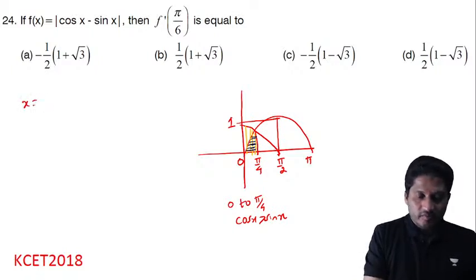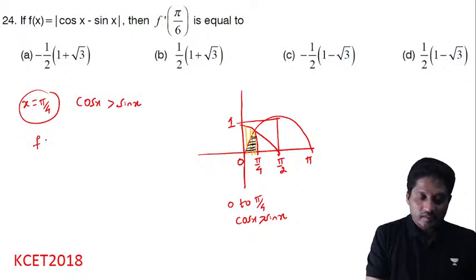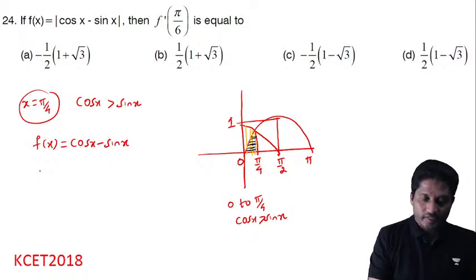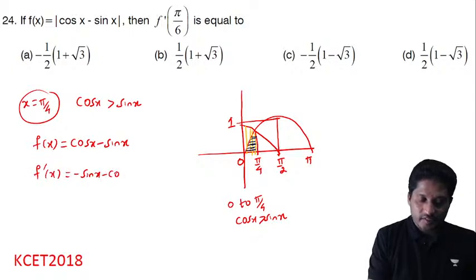So at x is equal to pi by 4, cos x is more than sin x. F of x is equal to cos x minus sin x. Right, now if I differentiate, the differentiation of cos x is minus sin x, and the differentiation of minus sin is minus cos.